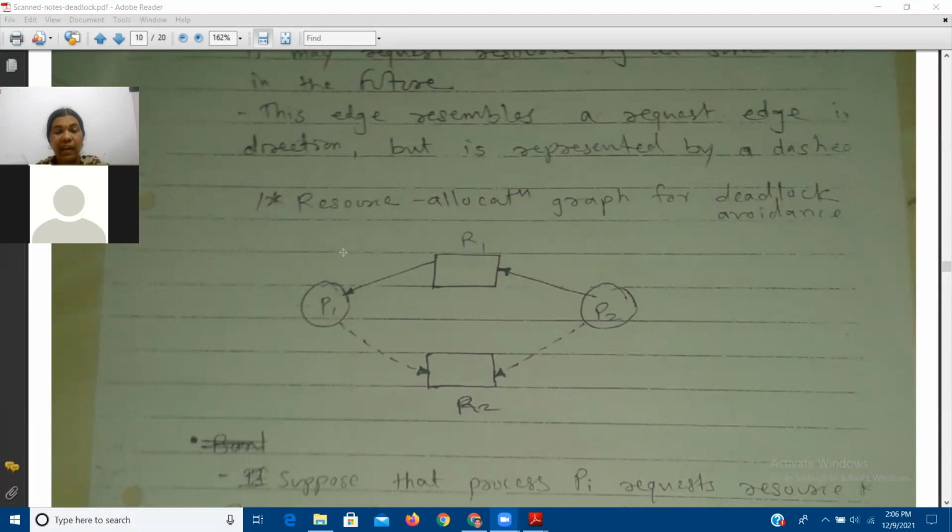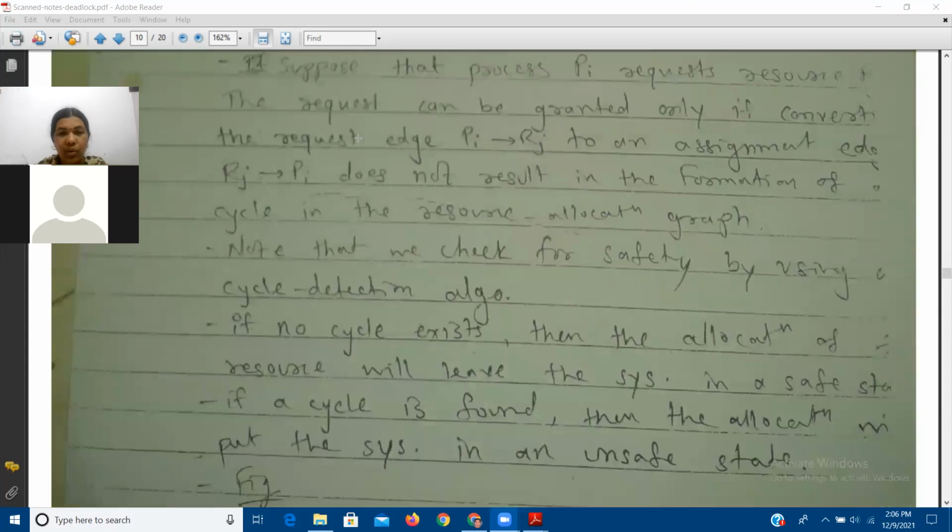After the request is granted, that request edge will get converted into an assignment edge. After converting into an assignment edge, there will be a deadlock, and that is shown over here.